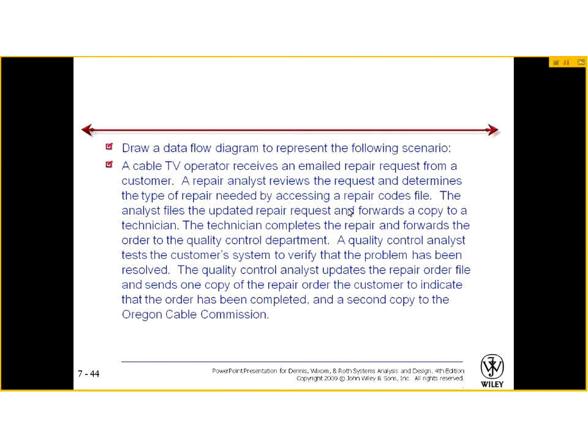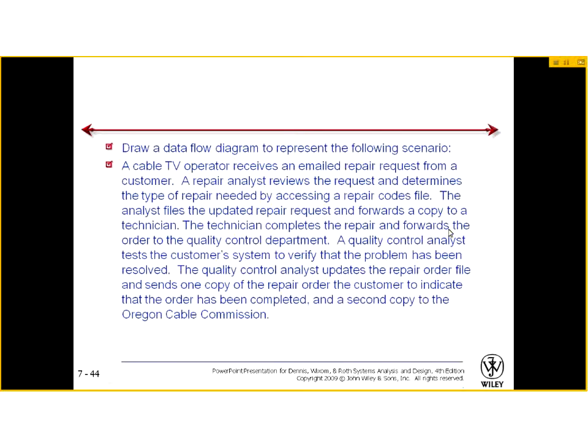In this case, first of all, you will be making a context level data flow diagram. You will make a system as a whole, and then you will identify all the external entities who will be communicating with your system, like your cable TV operator, customer as an external entity, and then the analyst files the updated request and forwards the copy to the technician.